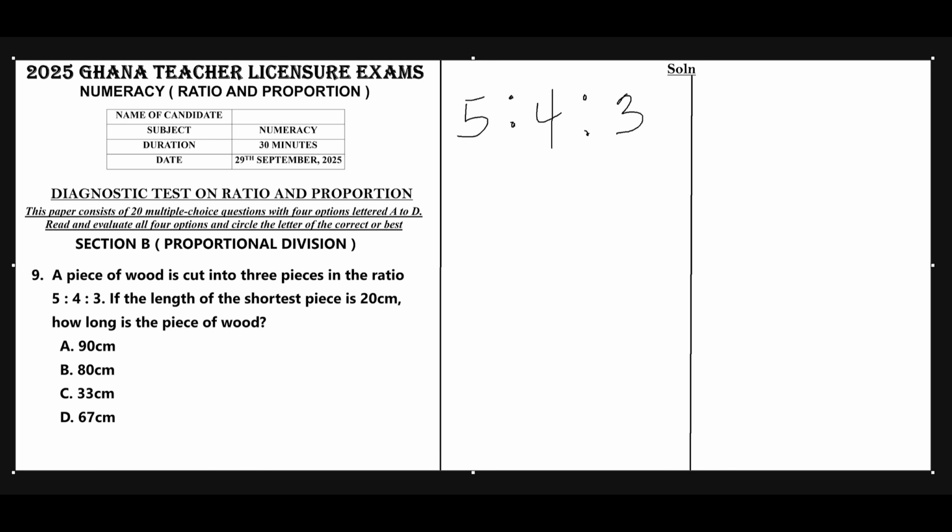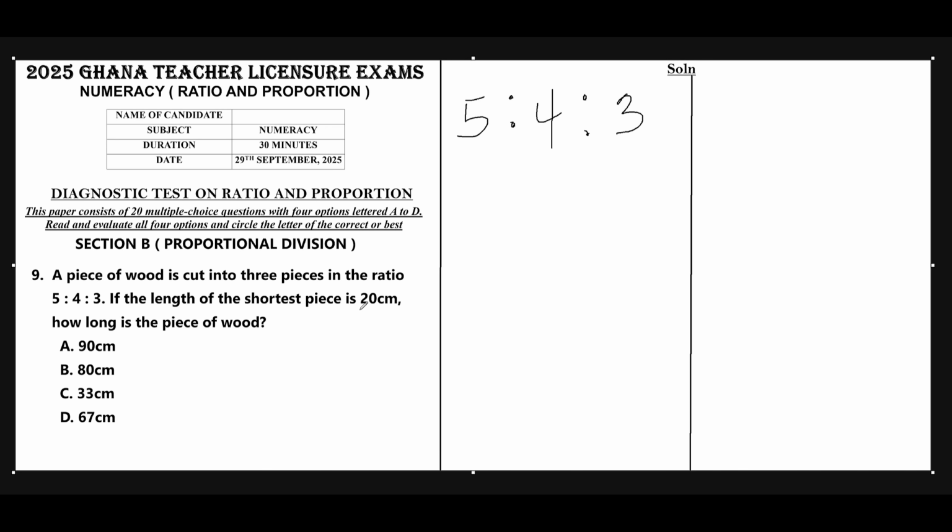So we have a piece of food, and then the piece of food is cut into 3 pieces using the ratio 5:4:3. Now, after cutting, the shortest piece measures 20 centimeters. So we have to look for the full length of the piece of food.